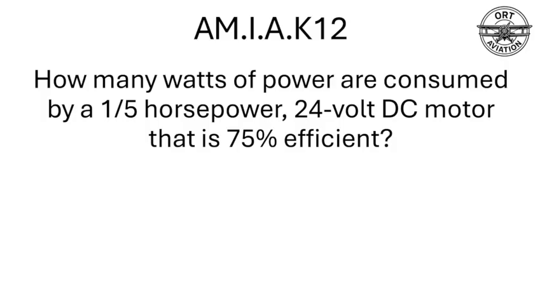How many watts of power are consumed by a 1/5 horsepower 24-volt DC motor that is 75% efficient? 199 watts.